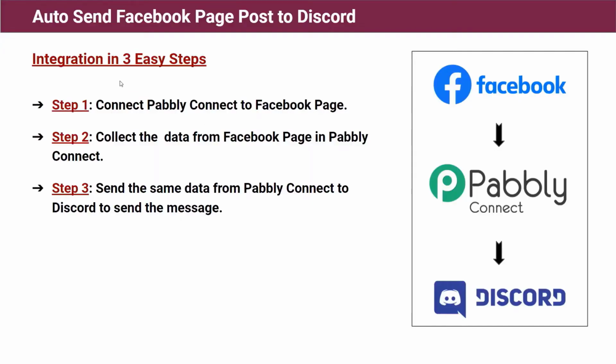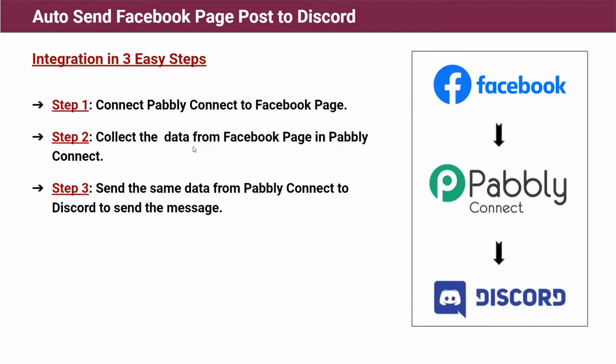So guys, these are the 3 easy steps by which you can also make this integration or connection between Facebook page and Discord. Step 1 is connect Pabbly Connect to Facebook page. So in the first step, we will open up Pabbly Connect and connect our Facebook page with Pabbly Connect. Step 2.